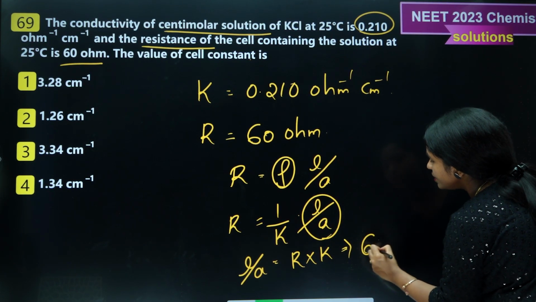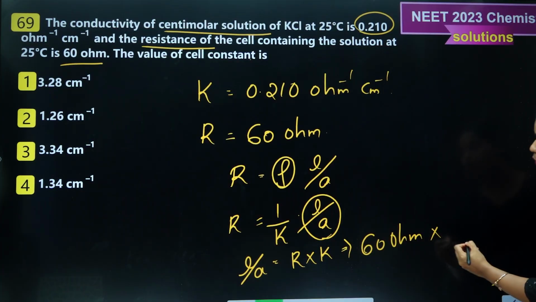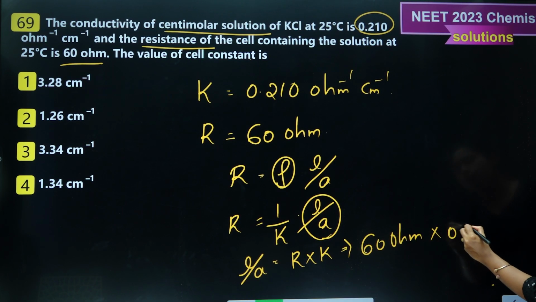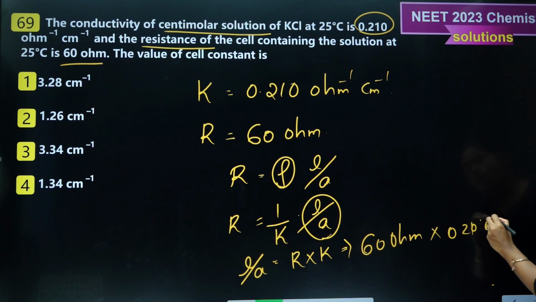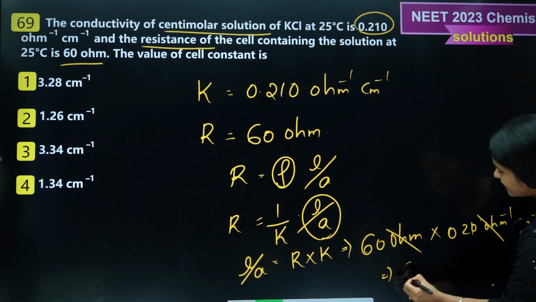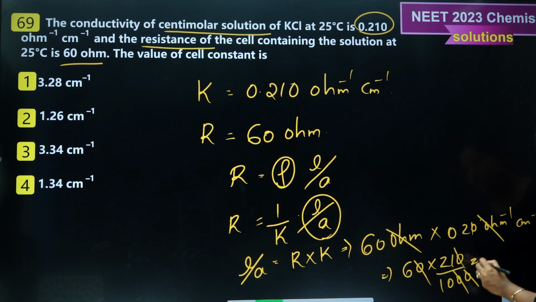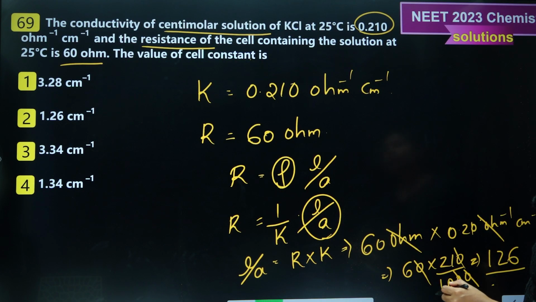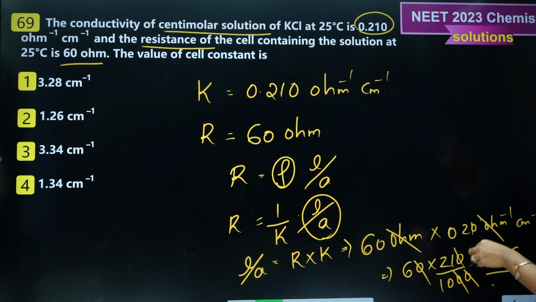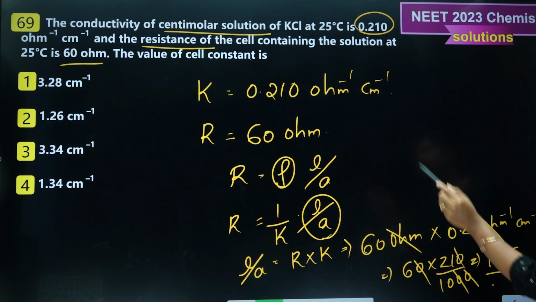What is the R value? 60 ohm, into what is the K value, students? Tell me. 0.210 ohm inverse centimeter inverse. Correct? So 60 into, remove the points, divided by 1000 you keep, the zeros cancel, 6 1s are 6, 6 2s are 12, 12 divided by 0.210.